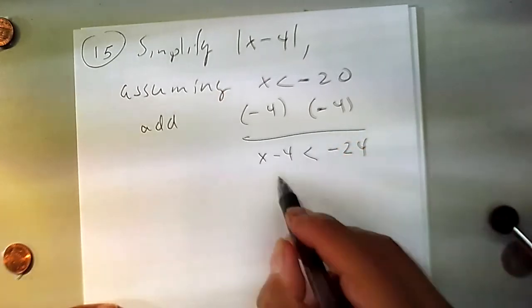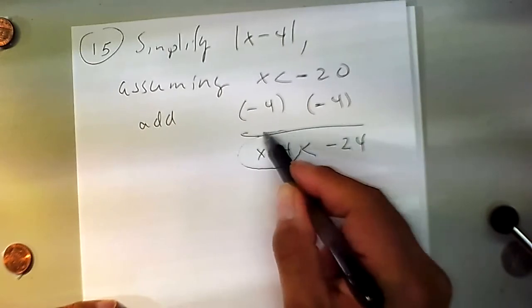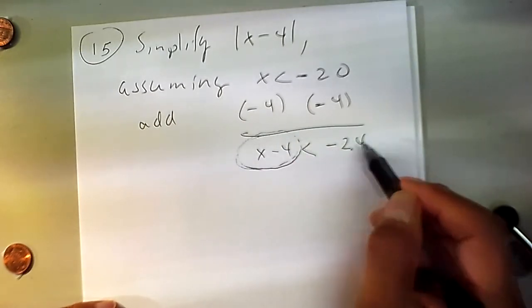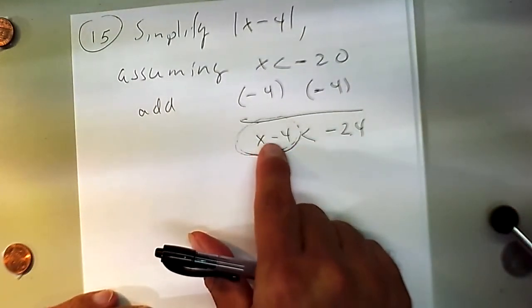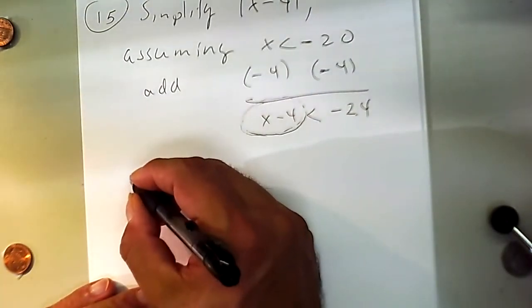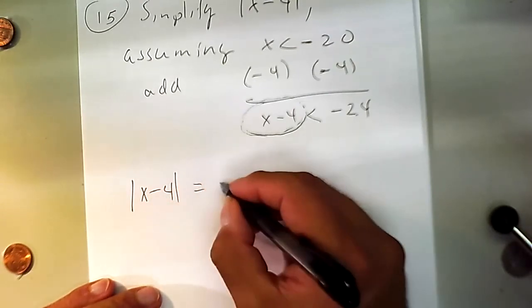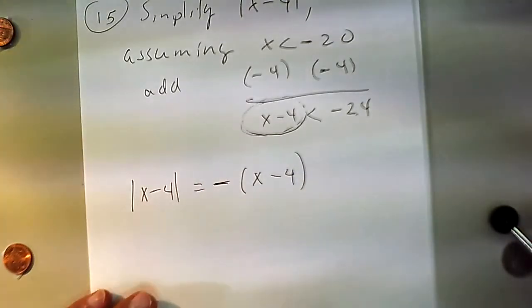So we are aware, we're conscious that this quantity is less than -24, for sure less than 0, and consequently the absolute value of that is not going to be itself, it is going to be the opposite. So in this case, we do simplify. Absolute value of X minus 4 is equal to the opposite of the quantity X minus 4.